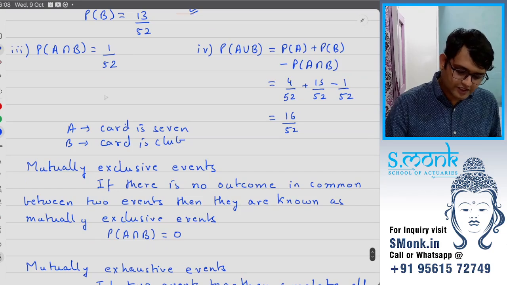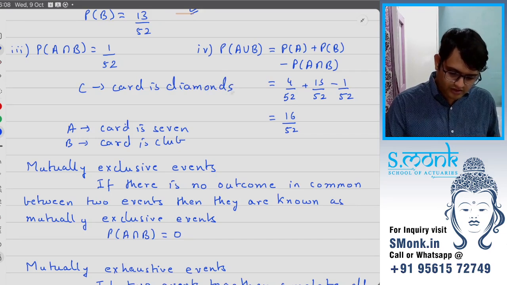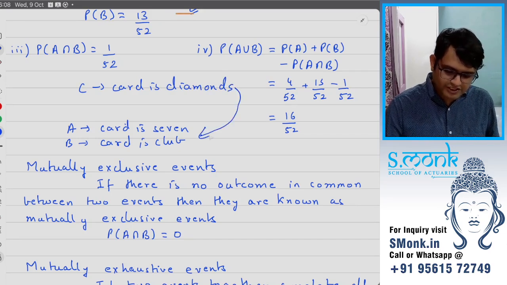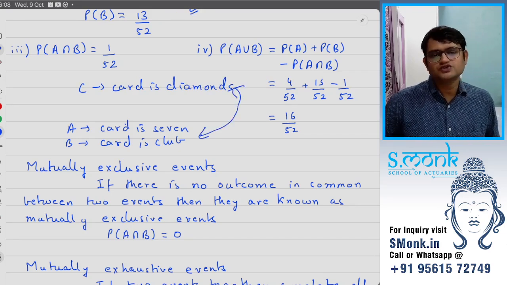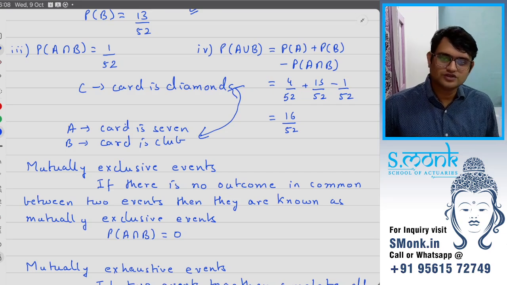If I had something like diamonds and clubs, if I would have said that C is the card is a diamond, then B and C are going to be mutually exclusive because clubs and diamonds will not have anything in common.